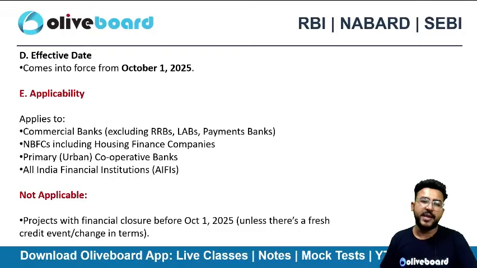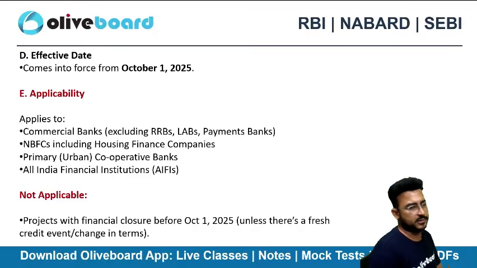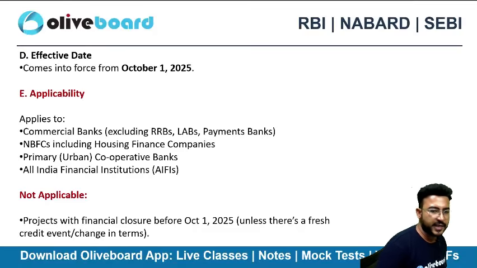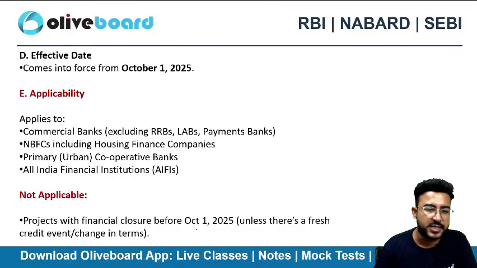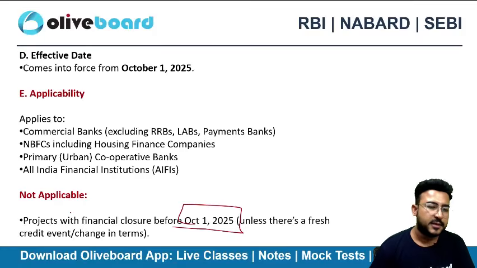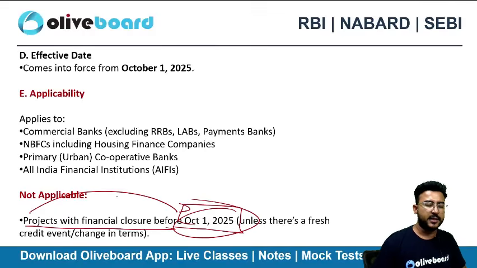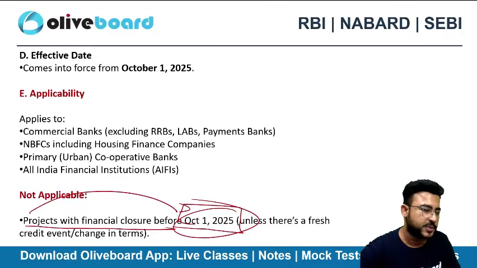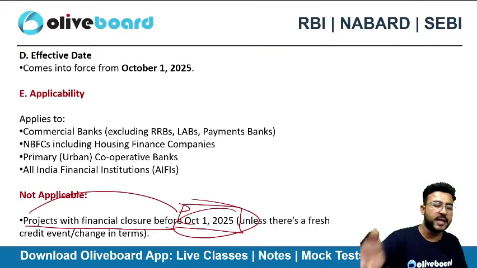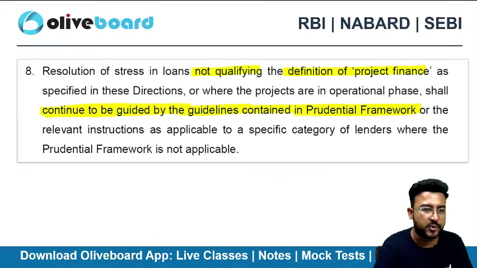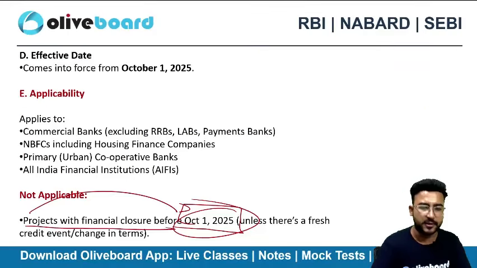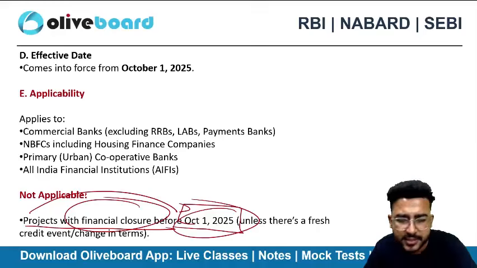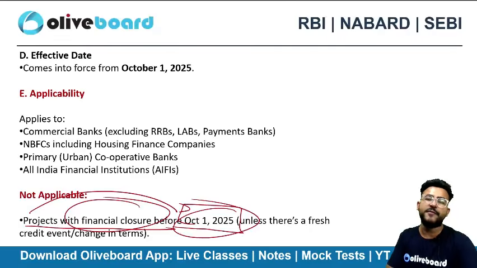So this is the applicability: commercial banks, NBFCs, primary cooperative banks, and all India financial institutions. The implementation date is 1st of October 2025. Projects with financial closure before 1st October 2025 won't be covered; the project finance directions won't be applicable to those projects. Now, what do you mean by financial closure? Any idea, guys? What is financial closure? Anyone?